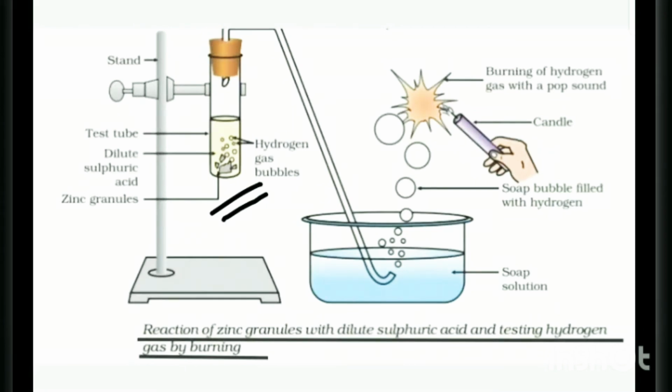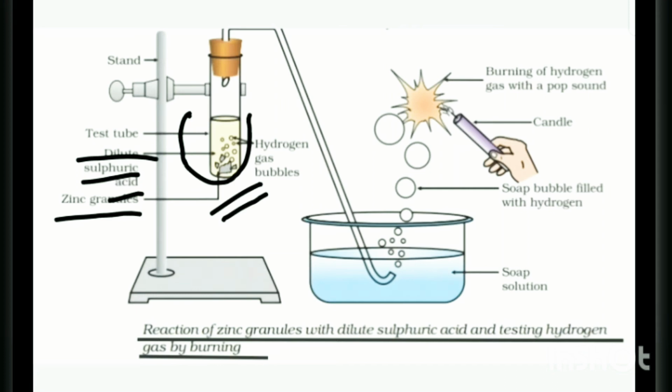In this test tube you can see the small particles, those are zinc granules, and then the solution in the test tube is dilute sulfuric acid. So when zinc granules react with dilute sulfuric acid, that will liberate hydrogen gas.